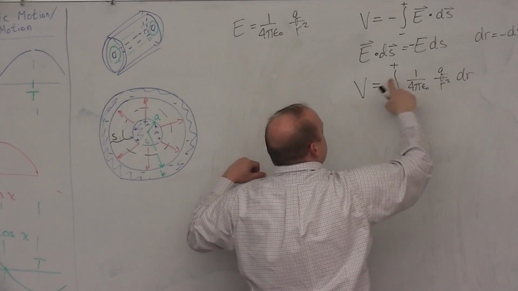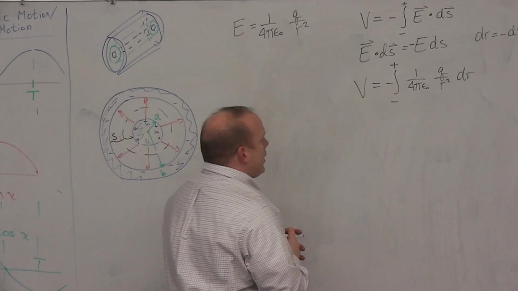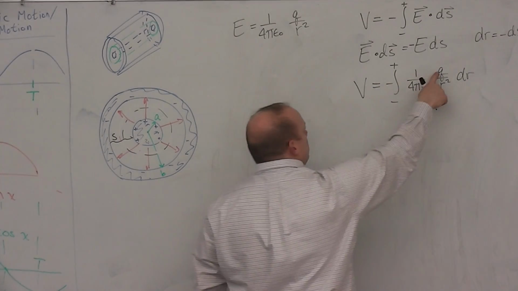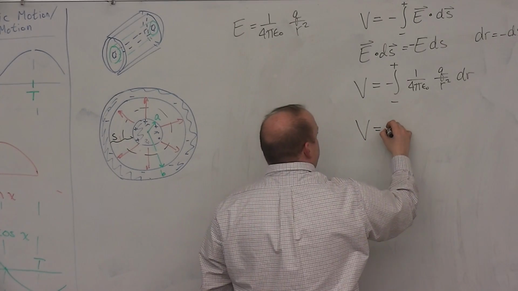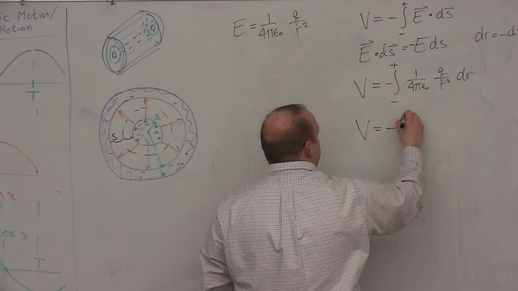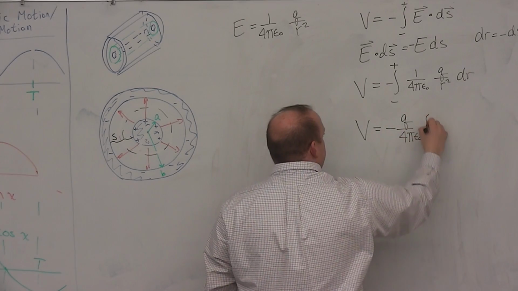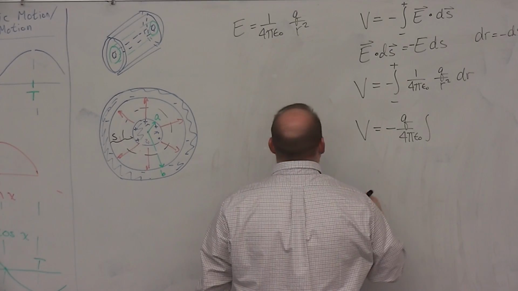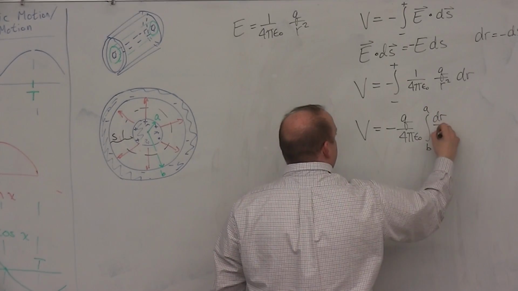So I have to put a negative out front here, and there you go. Okay, so now again, Q is constant, 4 pi epsilon naught is constant. So I have my negative Q over 4 pi epsilon naught integral from b to a of dr over r squared.